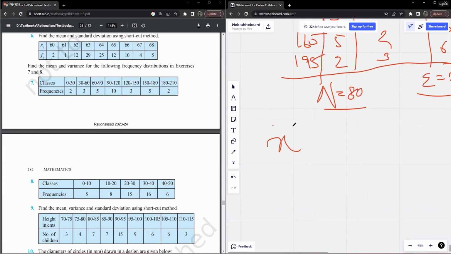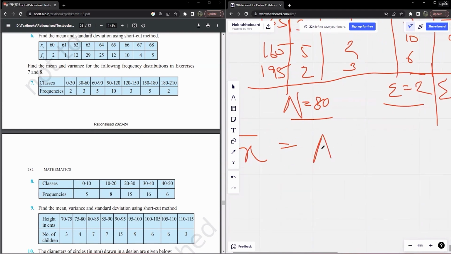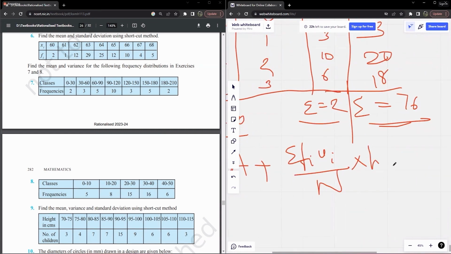Therefore, we have x bar being A plus sigma fi ui divided by sigma fi, which is A plus sigma fi ui divided by n, into h.